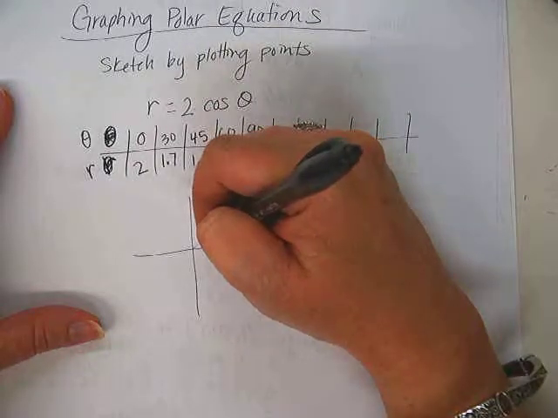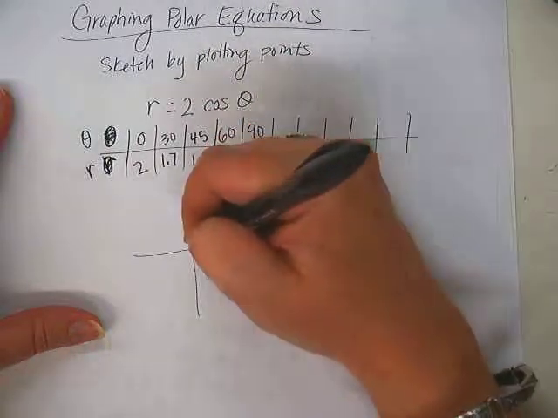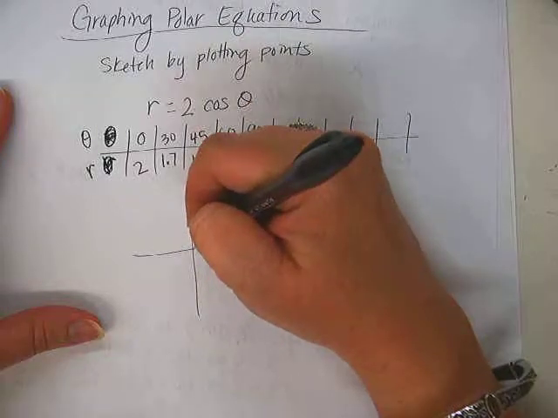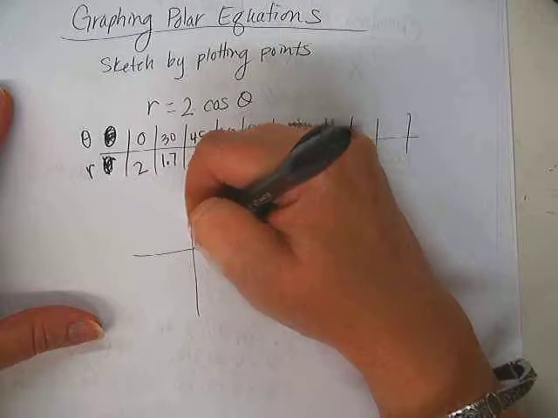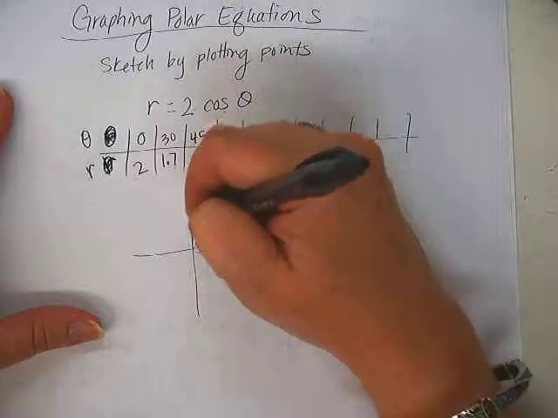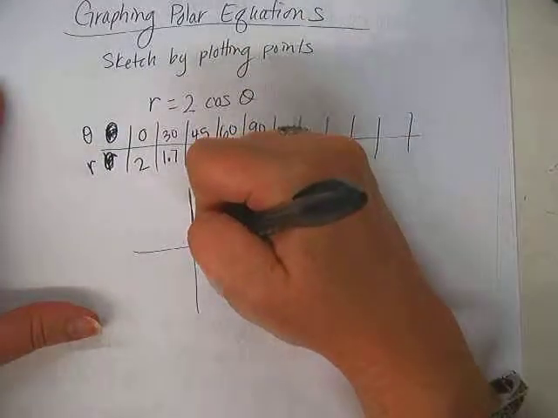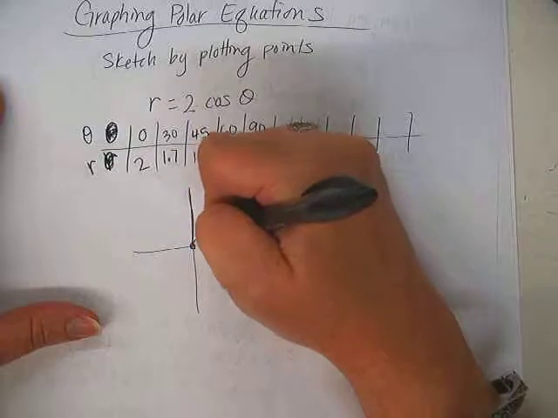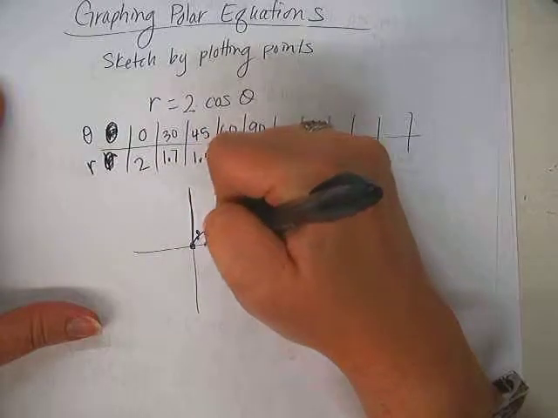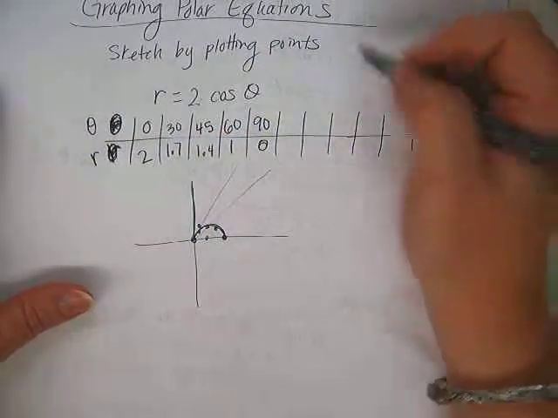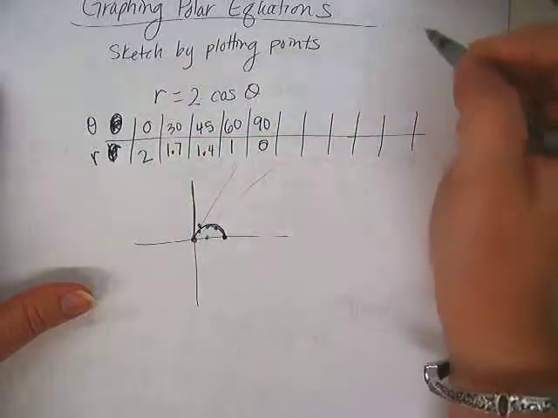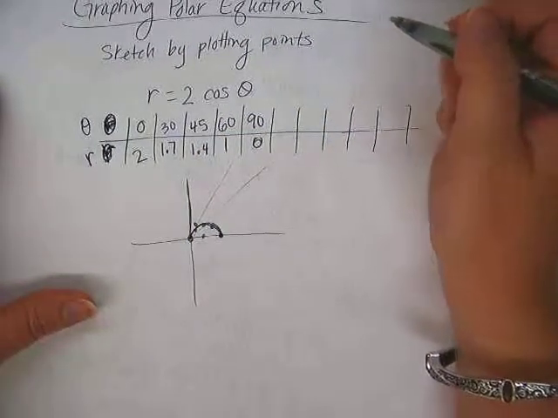Angle 45, radius 1.4. Angle 60, radius 1. And angle 90, radius 0. Well, that's interesting. I would assume that would be a circle, because I'm trying to get a circle out of this. So using the graph paper would have been better because I kind of messed up because of that.